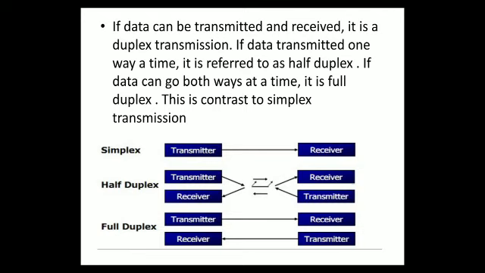The simplex communication. So let us understand all of these three types with respect to the diagrams quoted in this slide. The first one is called simplex. You have one fixed transmitter, and the receiver's job is always to get the data from the transmitter, and at no point of time can a receiver send the data back to the transmitter.